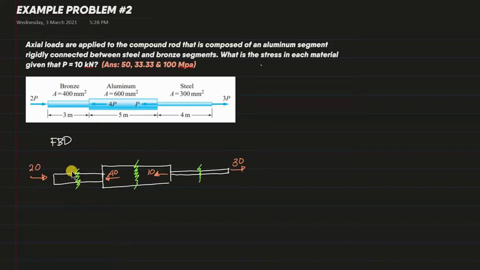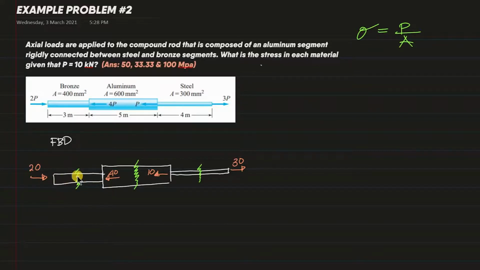So, yung formula is sigma or the stress equals to the force over area. And alam natin tong area, so we just need to find the P, the normal force or the axial force acting on these cross sections of each material. Kasi yun yung tinatanong eh. So, simulan natin dito sa bronze.